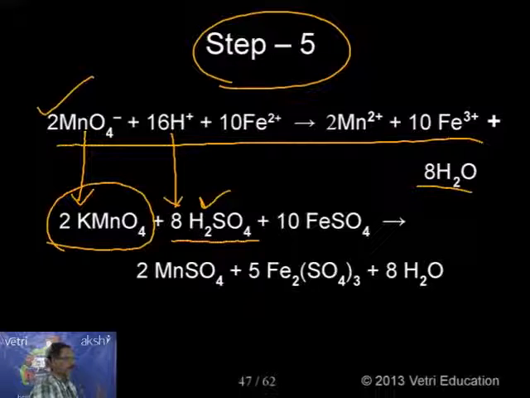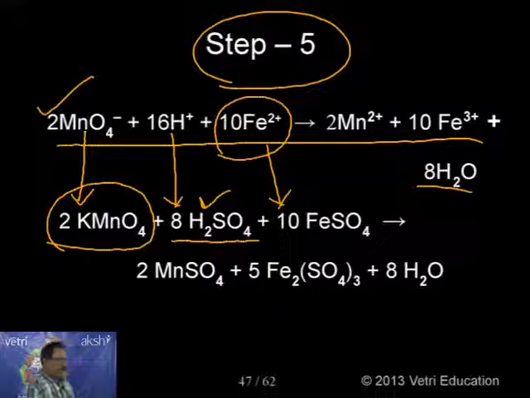Then coming to the 10Fe²⁺, I am converting it into a compound, 10FeSO4, ferrous sulfate. These 3 substances we saw originally in the unbalanced equation. Now we are getting the number 2 for KMnO4, 8 for H2SO4, 10 for FeSO4, ferrous sulfate. This is for the reactant side.